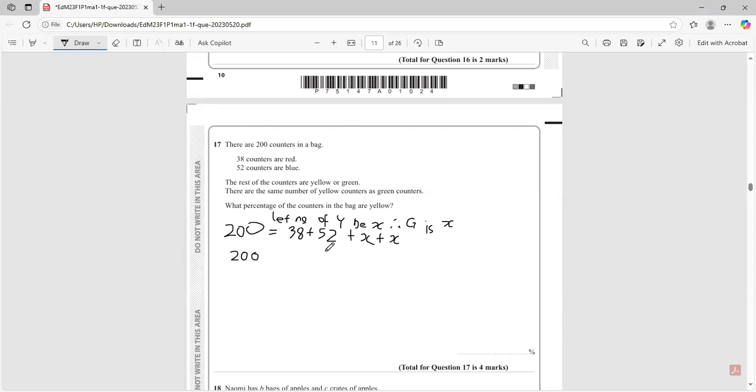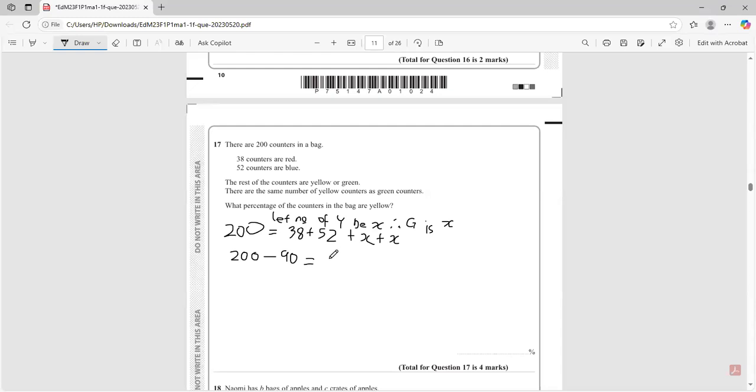Yes. Now, for me to make it easier for me, in my mind, I've already calculated 38 plus 52. That's 3 plus 5, 8 plus 2 is 10. 3 plus 5 is 8 plus 1, 9. So that's 90. Okay. And the 90 will go over to the left-hand side, becoming a minus 90.